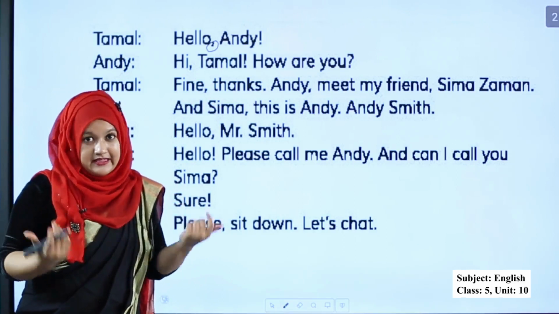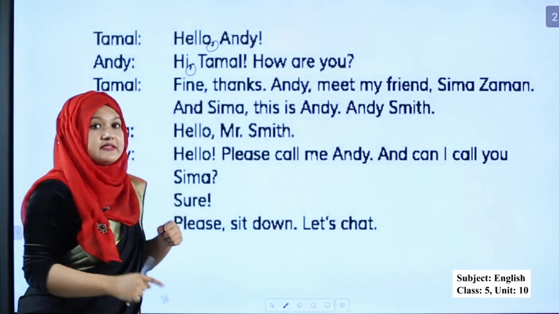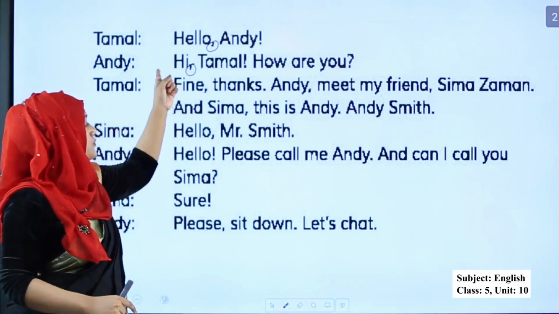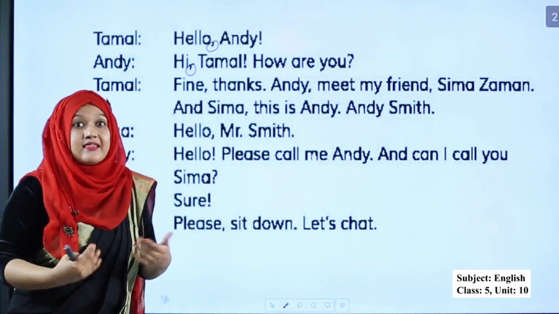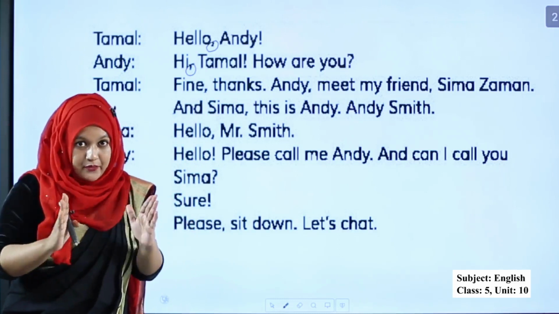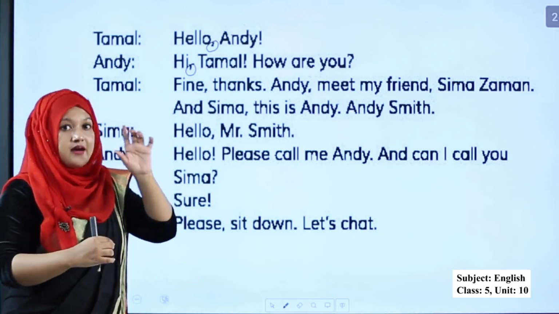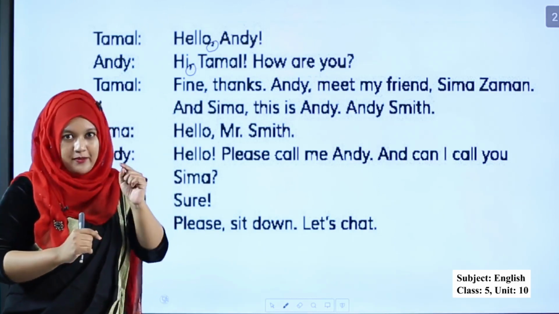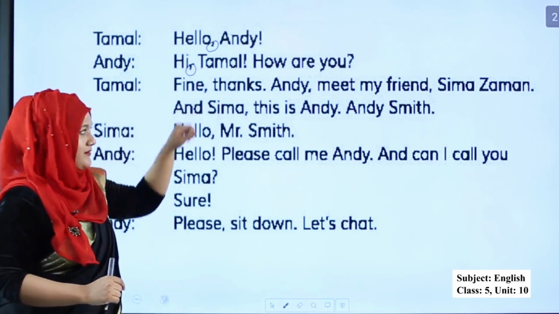In the second sentence, hi, Tamal, we use a comma after the word hi and then introduce a new word, Tamal. So we need to separate this from hi. So after the word hi, we use a comma, right? And you can see this here.